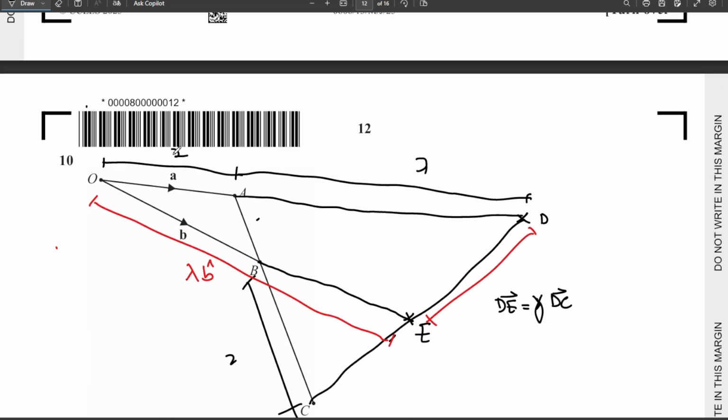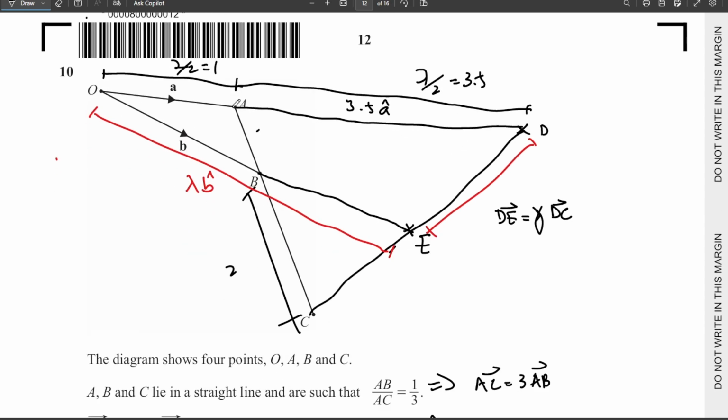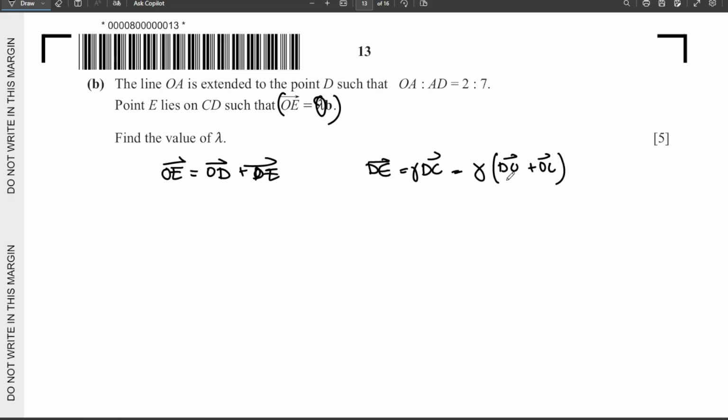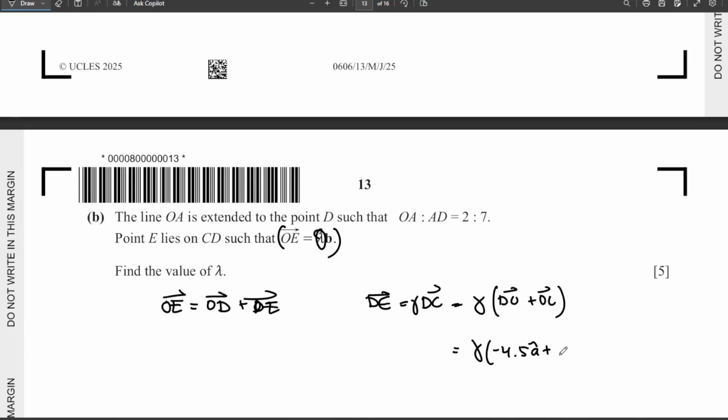Maybe we can simplify this ratio. Divide by 2, that's 1, divide by 2, that's 3.5. So here is 3.5A, and D back to O will be negative 4.5A. So DO is negative 4.5A, and OC is 3B minus 2A.